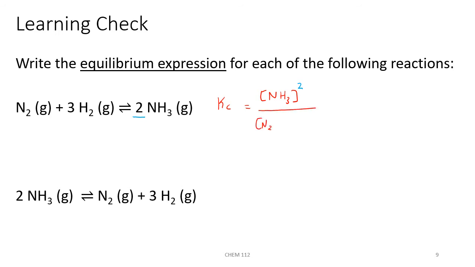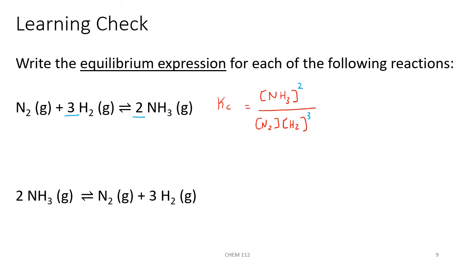So one of our reactants is N2, and that would just be to the first power because there's a 1 out in front of the nitrogen. You don't have to write that though, times the concentration of the hydrogen, and the hydrogen we would want to cube because in the balanced equation there's a 3 out in front of it. So this would be our equilibrium expression or equilibrium equation for our first reaction.